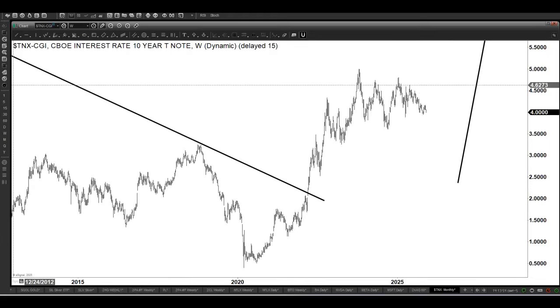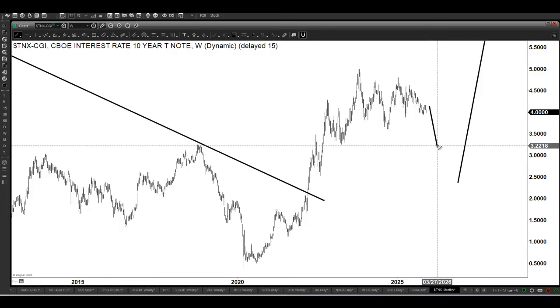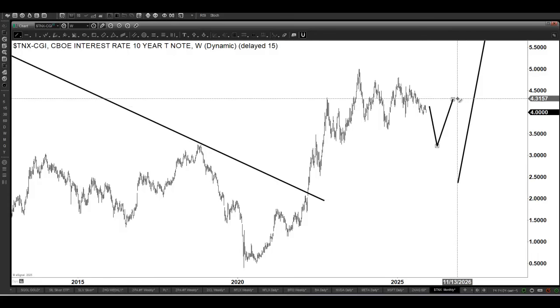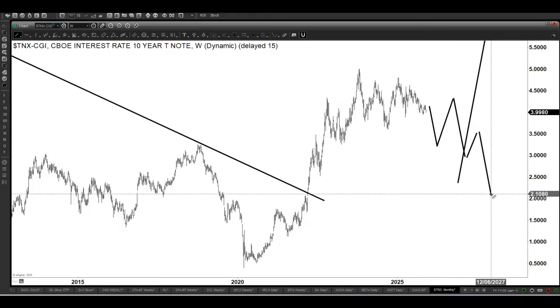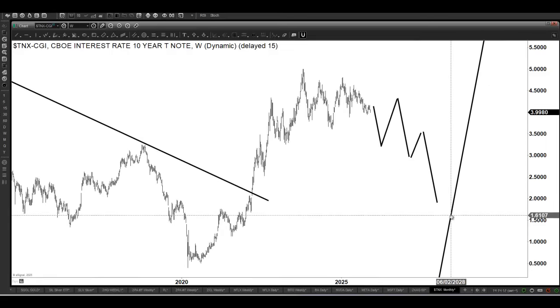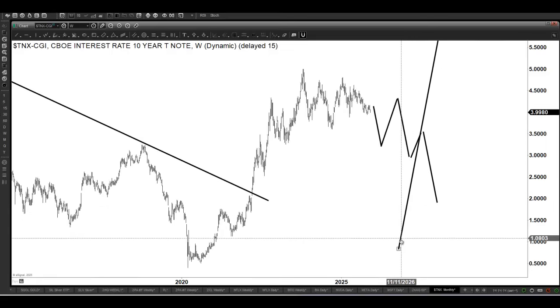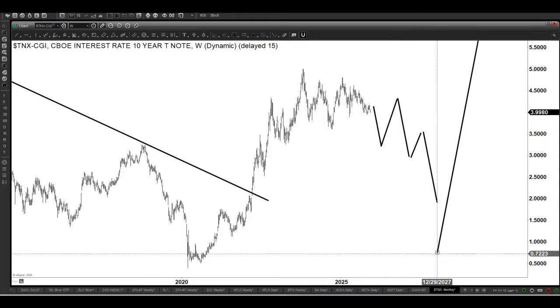Now, my guess is it's going to do 2 paths. It's going to do this, to allow all these bearish sequences across the market to resolve.